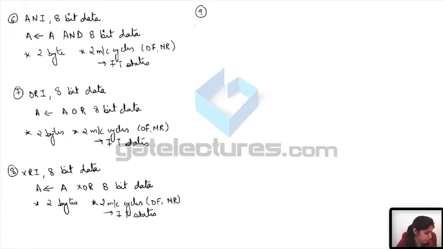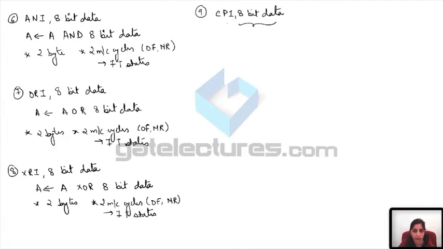So next instruction that we've got here is CPI. CPI is compare immediate. So what is this instruction going to do? This is actually like subtract only, but here the result is not going to be stored. We are just comparing whether this data is bigger or whether the contents of accumulator are bigger.